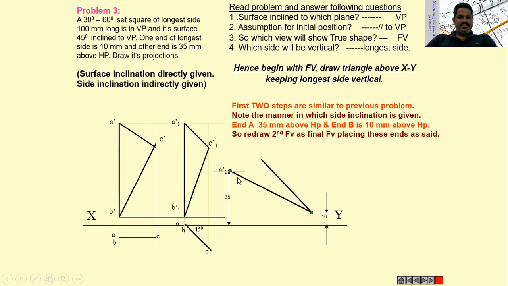Then take the compass. Name these points as A dash, and this will become our B dash. Take B dash, C dash as radius with B dash as center. Get a curve here, and take A dash, C dash as radius with A dash as center.